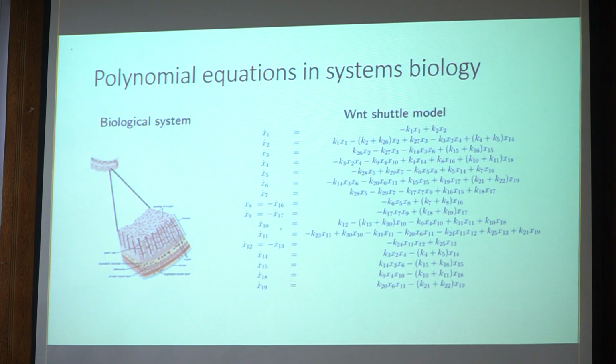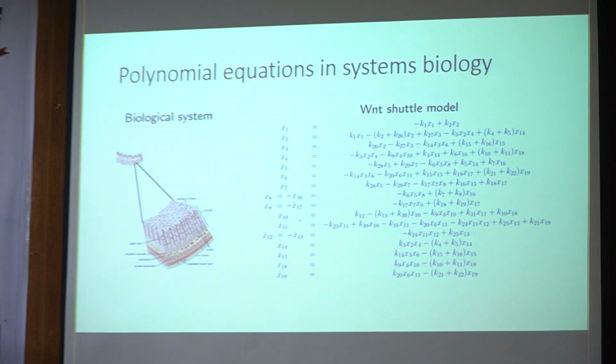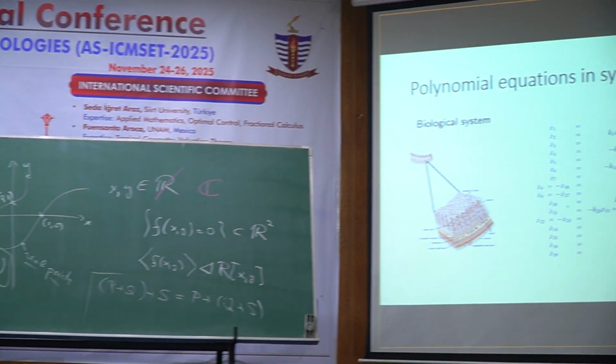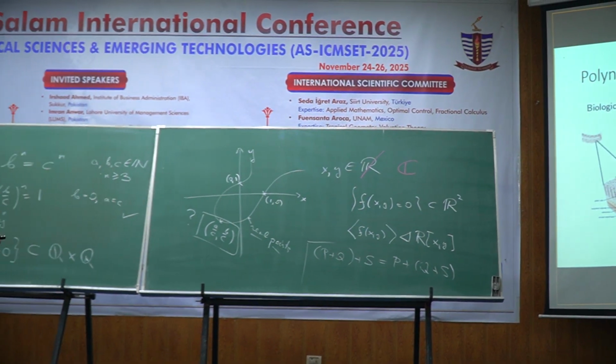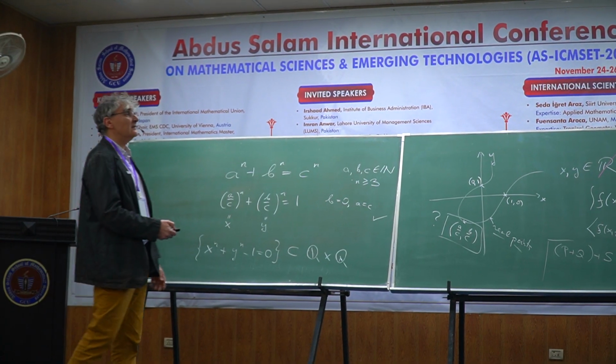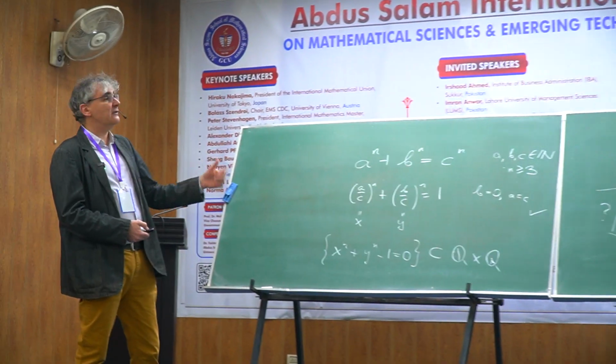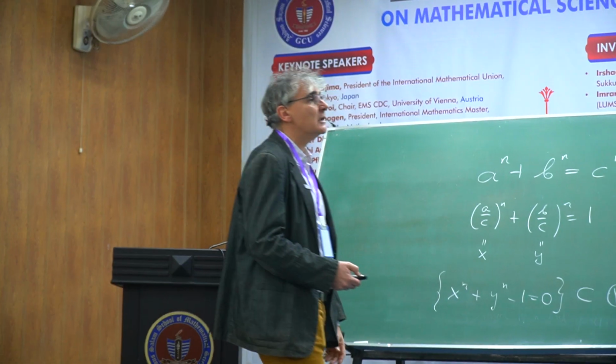So these are different compounds in your soup, in your liquid, different chemical compounds that the cells are passing to each other, and you get this sort of complicated set of, well, these are differential equations in the first instance, so these are kinematic differential equations for the changes of different substrates in your structure.